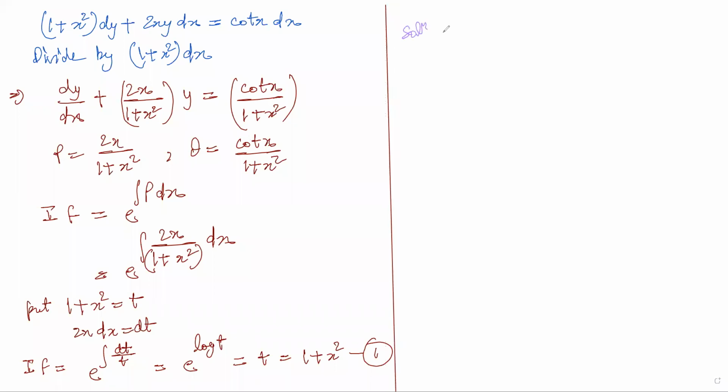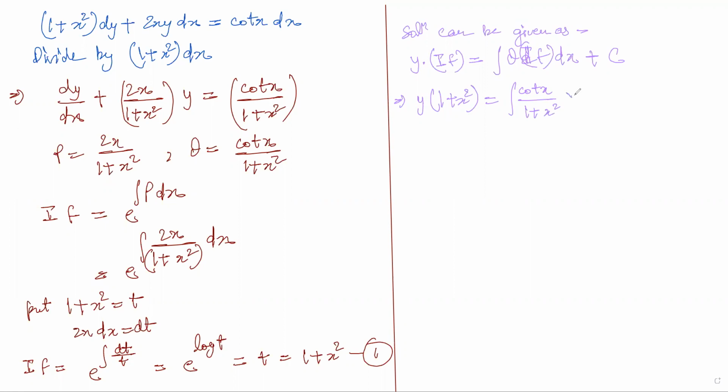Now the solution can be given as y into integrating factor is equals to integration of q into integrating factor into dx plus c, which is y into 1 plus x square is equals to q is cot x by 1 plus x square, and your integrating factor is 1 plus x square into dx plus c. 1 plus x square cancels 1 plus x square. So you're left with integration of cot x dx.